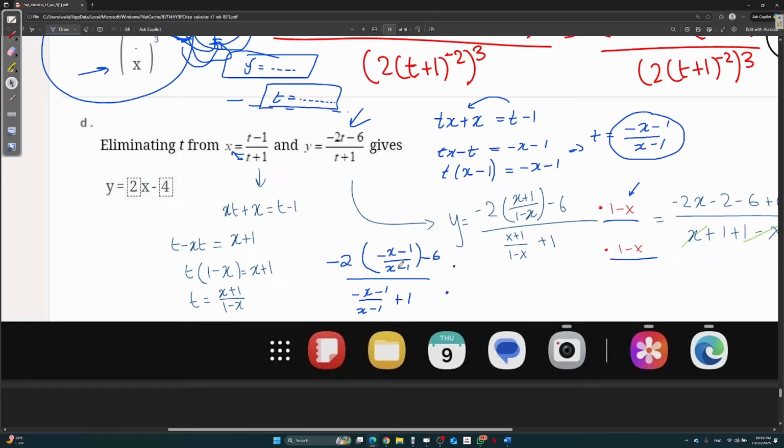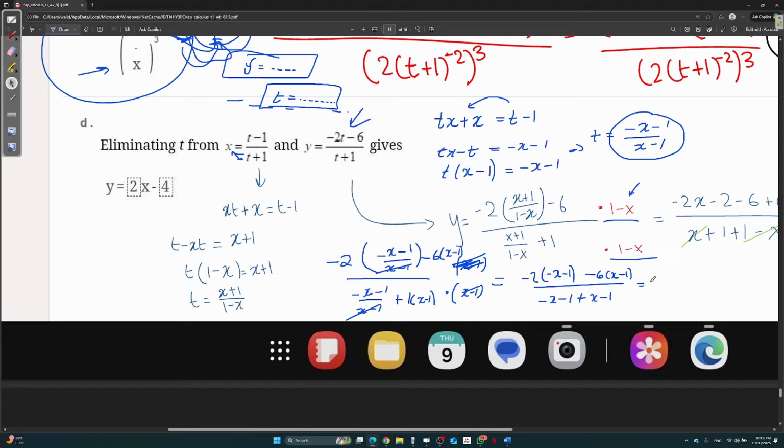To save us time, I want to cancel this denominator both up and down, so I'm going to multiply by x minus 1. It's going to cancel it here, and over here it's going to be multiplied. So it makes your life a lot easier. So it becomes negative 2 times negative x minus 1, minus 6 times x minus 1, all over minus x minus 1 plus x minus 1.